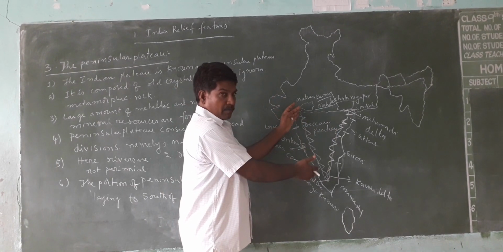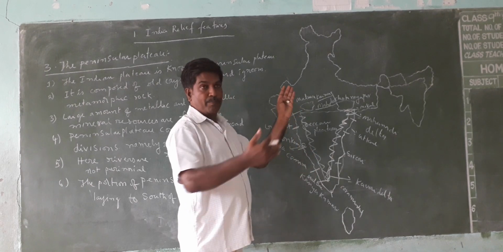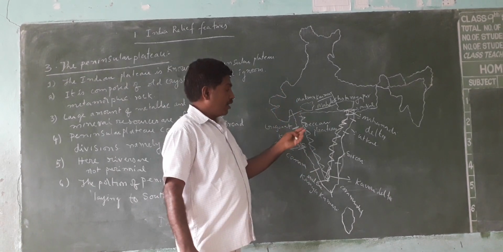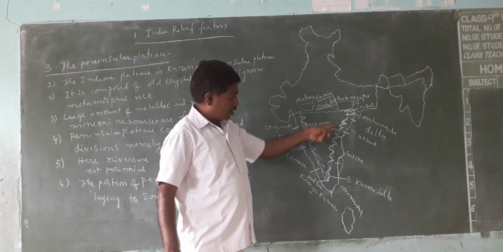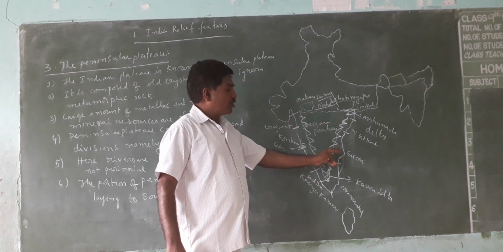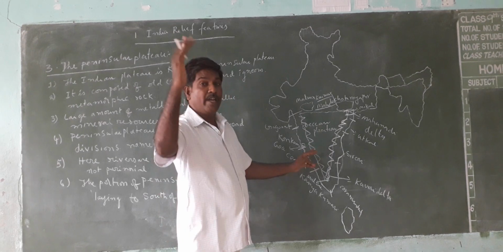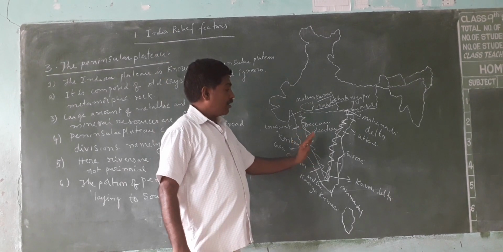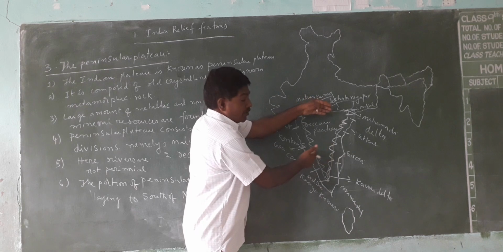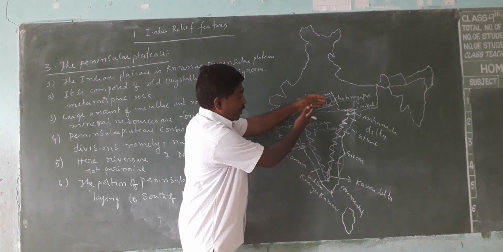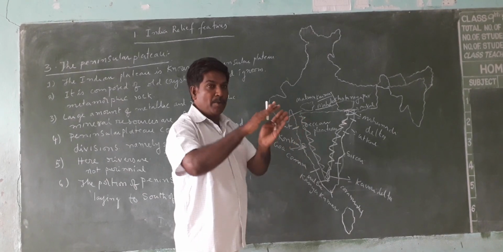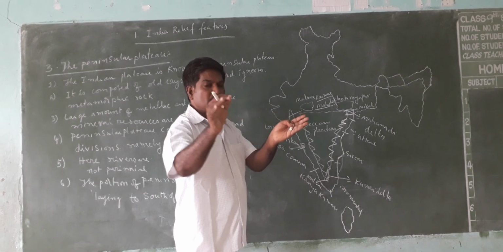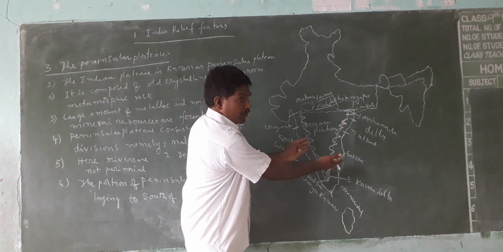The Eastern Ghats have broken hills with no continuous order, while the Western Ghats are continuous, and compared to the Eastern Ghats, the Western Ghats are somewhat higher. Between the Eastern Ghats and Western Ghats the Deccan Plateau was formed, and it slopes a little towards the eastern side.